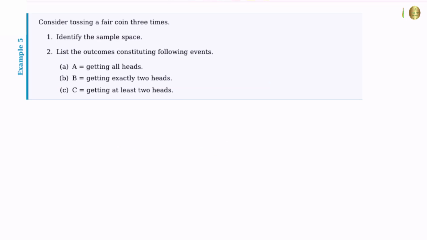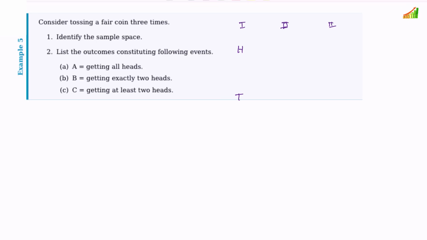Now let me explain example number 5. Consider tossing a coin 3 times. Okay, one coin, this is the first toss, second toss, and third toss. Then, the first time we can expect head or tail.